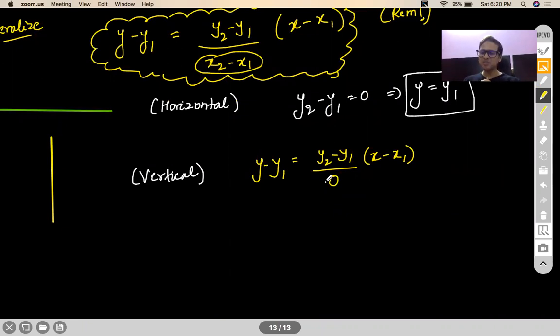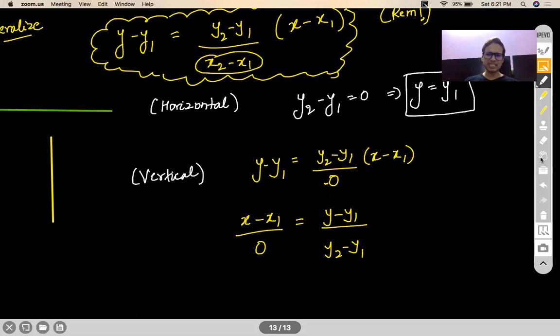Guys, normally what we do is we treat this as a very symbolic thing. Let me just tell you something very interesting. It basically is read like this. Now many people say, is this allowed? Are we allowed to write 0 in the denominator? This is just a symbolic thing. It just means to say that the x coordinate of any point on that line will always be x1.